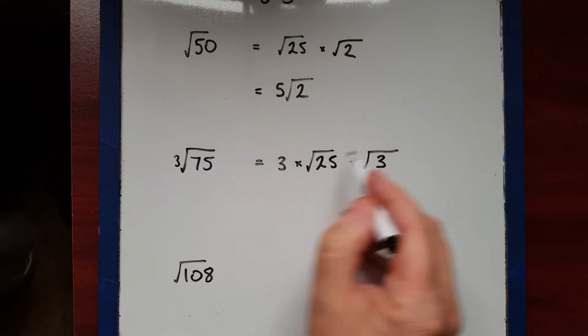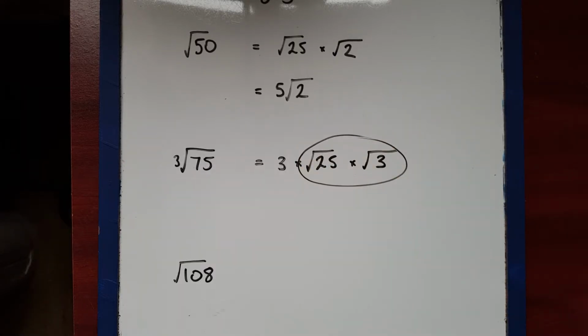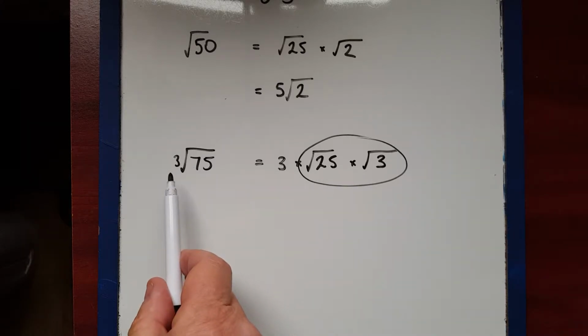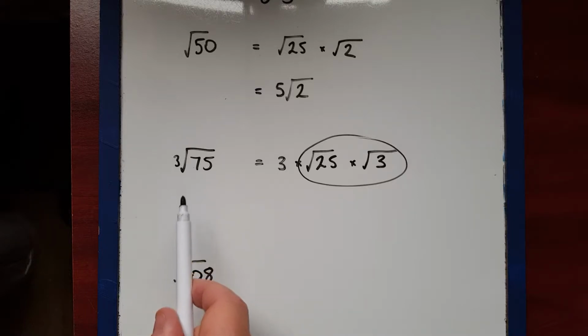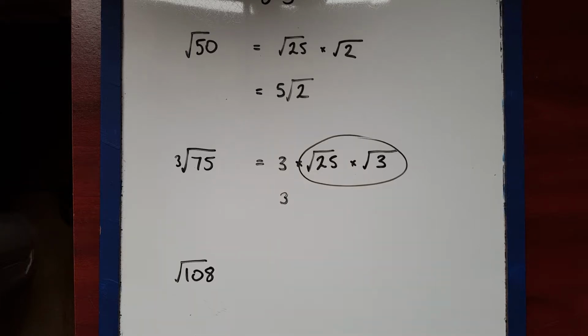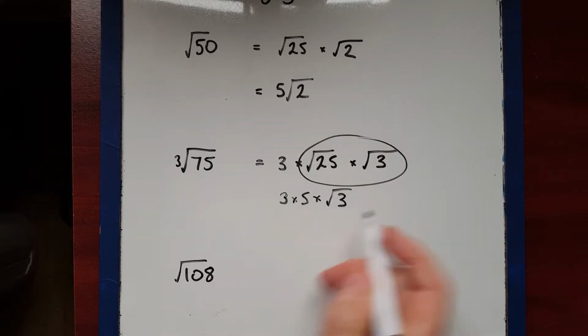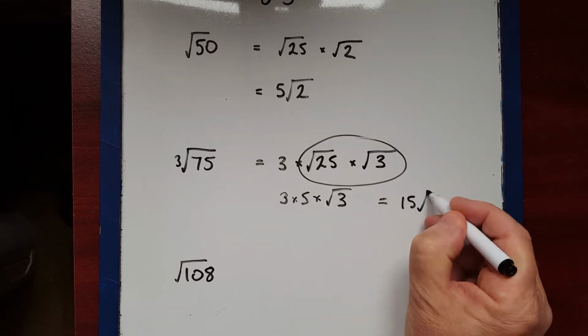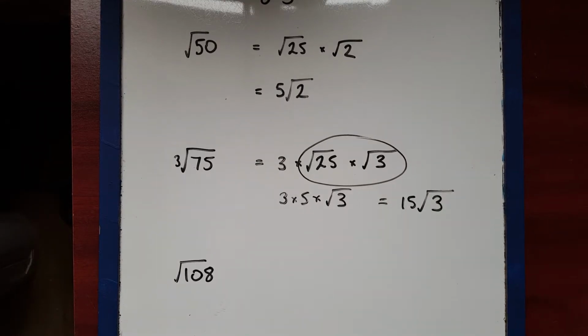The 75 part, I've broken it down into its factors, making sure that there's a square number involved. 25 times 3 makes 75, but there were 3 lots of them to begin with. Now, that means that we know that there was already a 3. We now know that 25's square root is 5 times the square root of 3. 3 5s are 15. We don't know what the square root of 3 is, so that's our final answer.